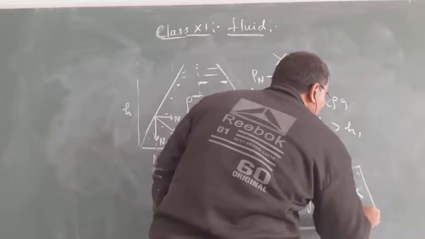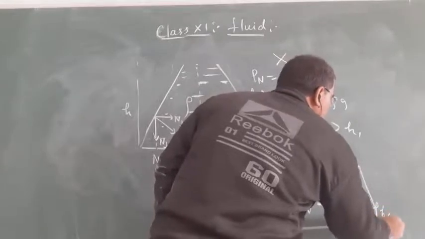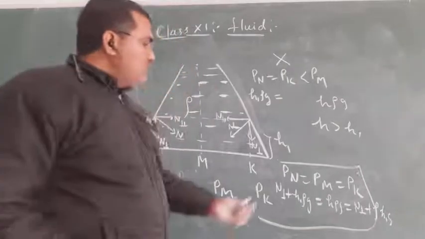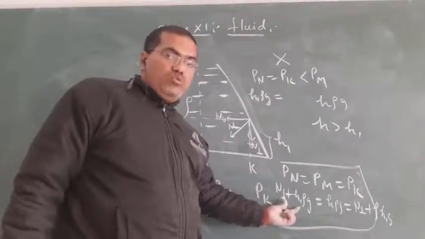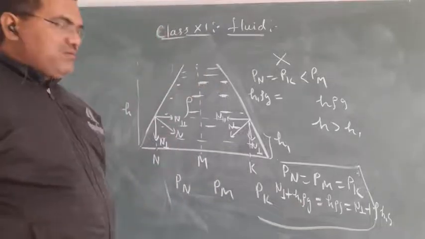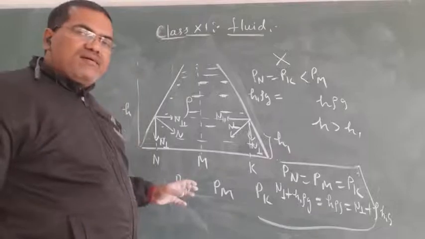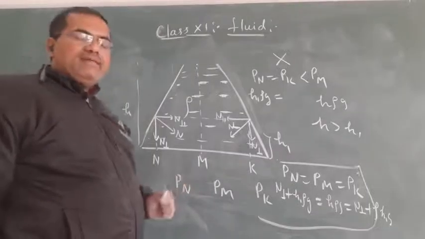Here also, M perpendicular plus rho H1 g. So these two pressures compensate H rho g. This is the logic behind this.